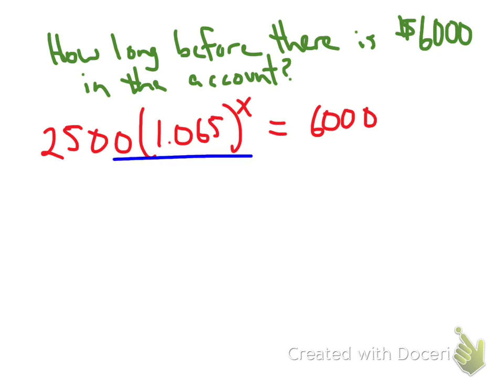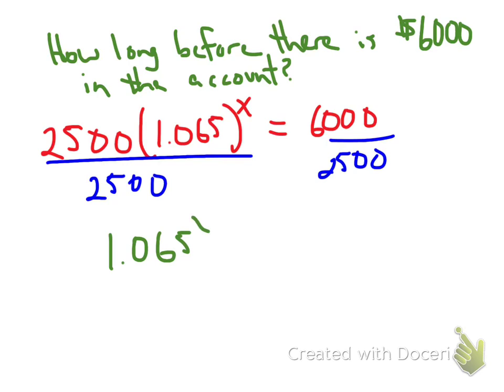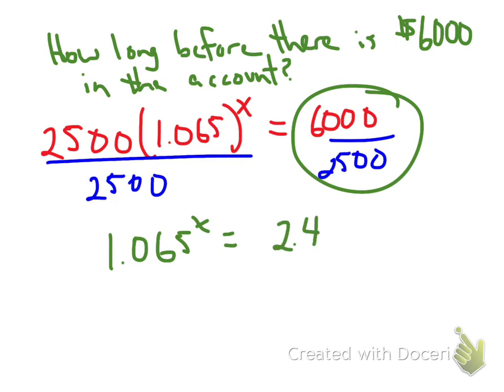To do that, I'm going to divide both sides by 2,500. That gives me 1.065 to the x equals that number, which is 2.4. This now becomes a logarithm problem because I'm solving for my exponent, which is my variable.